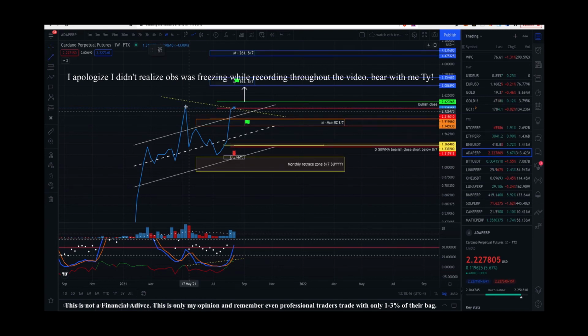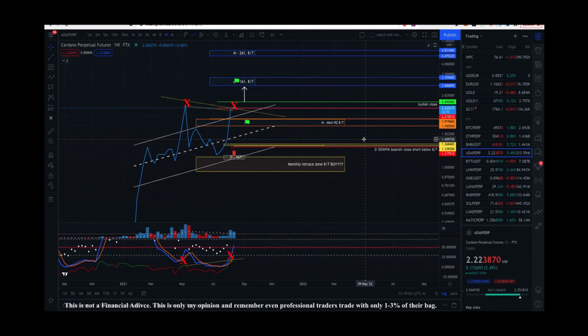So I'm hoping that we can avoid it. There's 3 days and 7 hours left before the weekly candle close. The only way we can avoid this bearish divergence is if we can make a higher high. Until we can close above the 618 level, or at least the trend line, I'm not entirely bullish yet on Cardano right now.